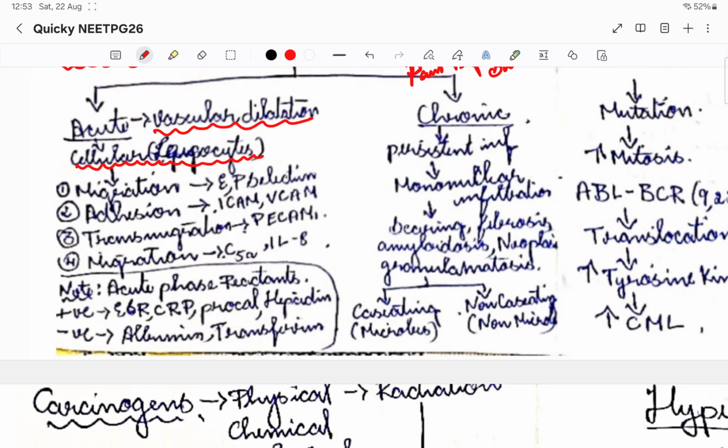Okay, so what happens is, first is migration, then adhesion, transmigration, and finally migration. Okay, so the first thing is not migration, it is margination. So this is margination that is happening.